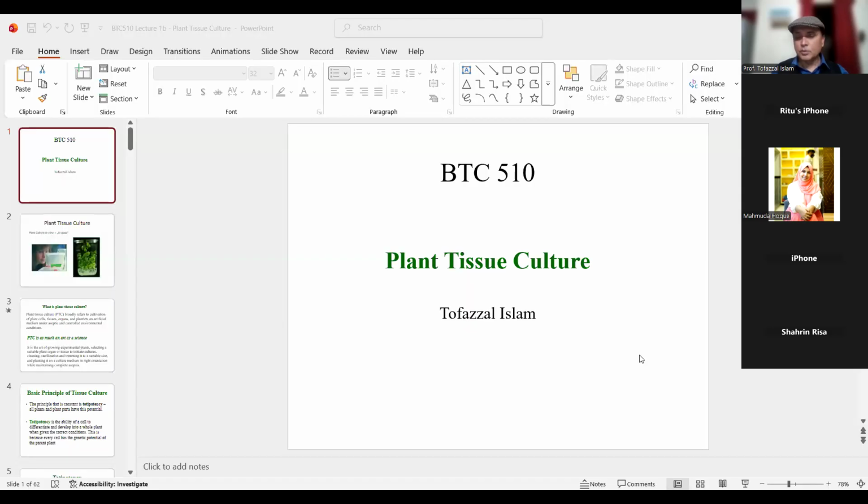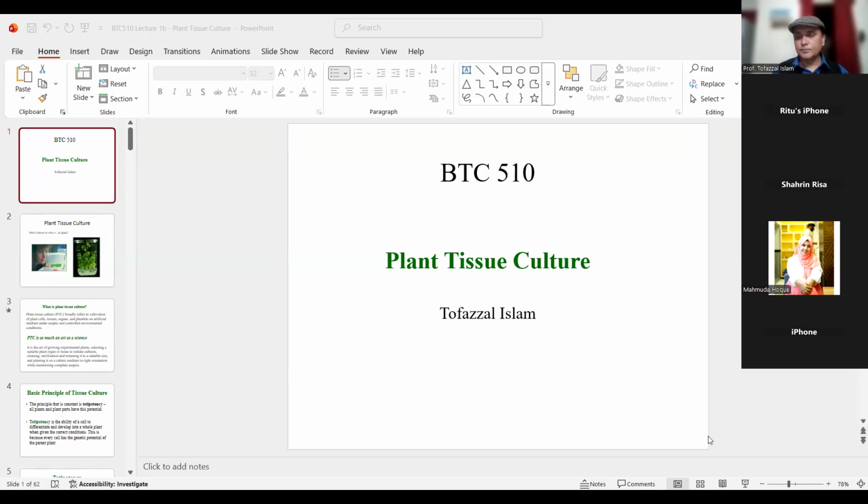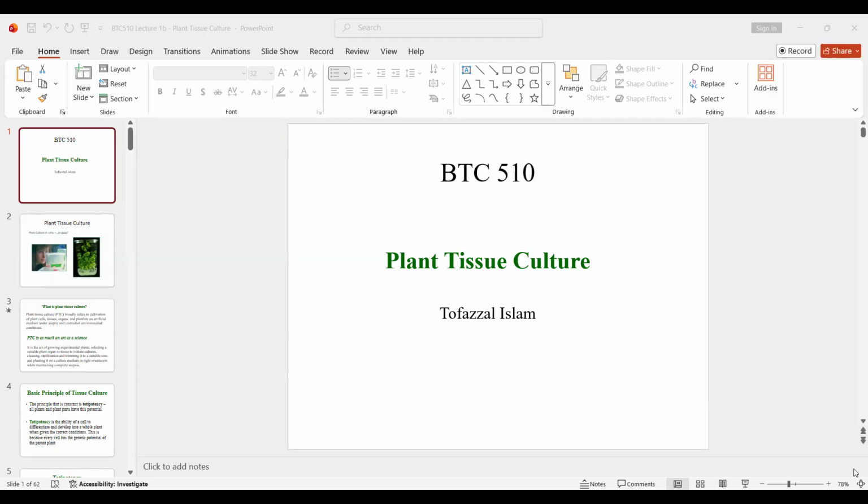I am trying to show you the slide. If it is visible, please tell me. Yes, sir, it's visible. Okay. So what can you see? Plant tissue culture, right? Yes, sir. Okay.